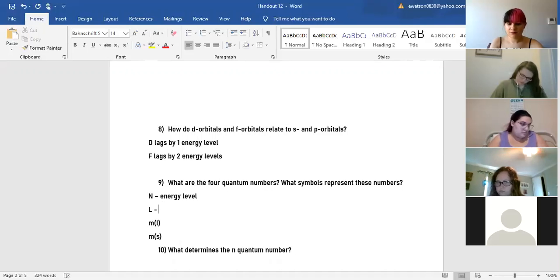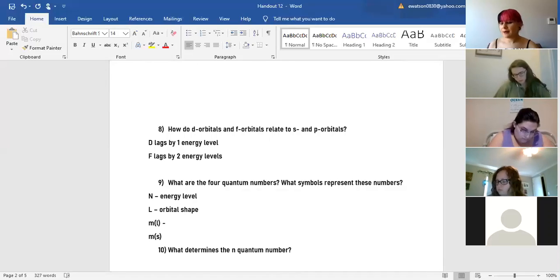And what about L? Orbital. Yes, this is going to be our orbital shape. What about M sub L?